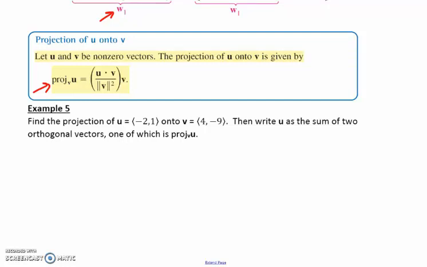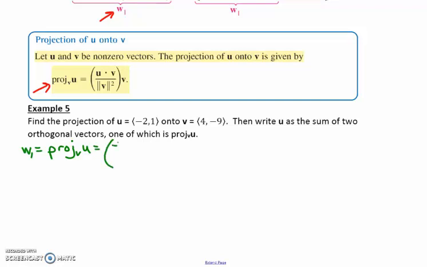So find the projection of u onto v, then write u as the sum of two orthogonal vectors, one of which is the projection of u onto v. Okay, so we know that our w sub 1 is the projection of u onto v, and we can start with that dot product.